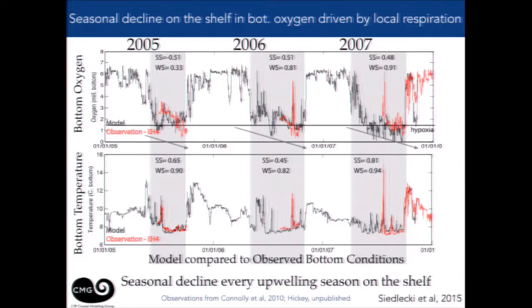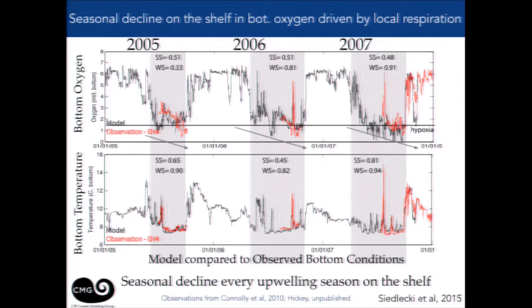What we're looking at here is time on this axis, 2005, 6, and 7. This bottom panel is bottom temperature. This top panel is bottom oxygen with the hypoxic boundary there for reference. I've shaded the seasonal upwelling time period gray, and repeatedly during that season, we experience that seasonal decline in oxygen, and you'll notice that temperature remains fairly flat during those time intervals, right?